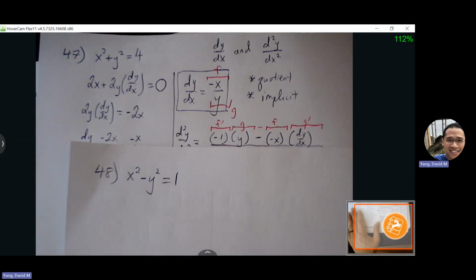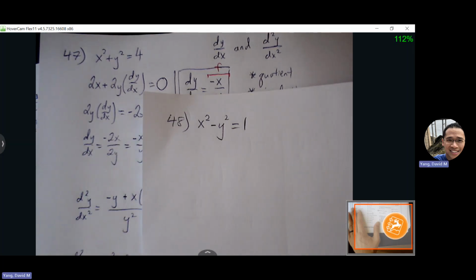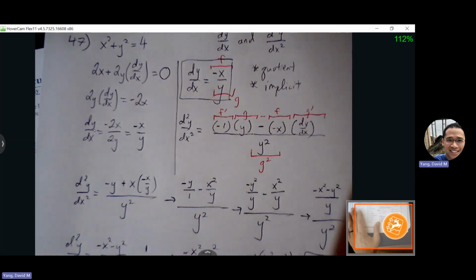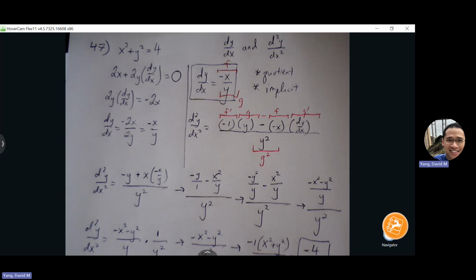Okay. X squared minus y squared equals 1. But I'll leave 47 up so you can, it's going to feel very similar in terms of the steps. Everybody got this down? X squared minus y squared equals 1. Okay, try that, but I'll leave 47 up here so you can use this as a way to match your work.